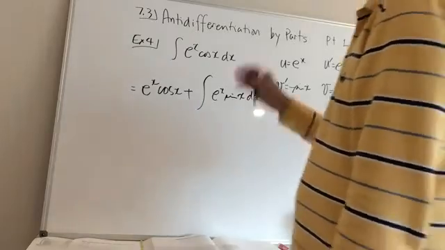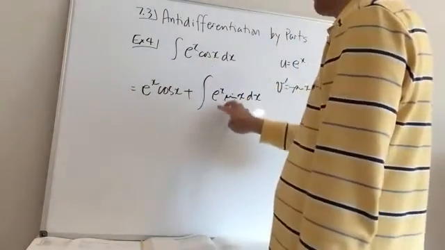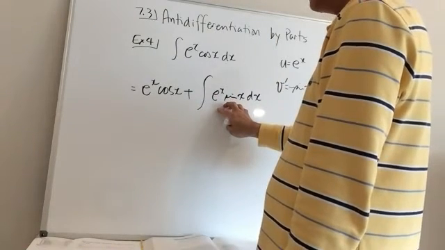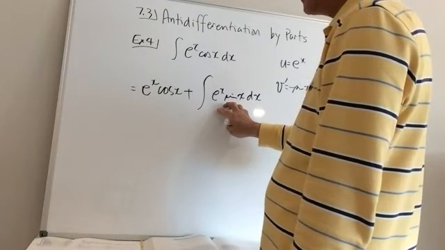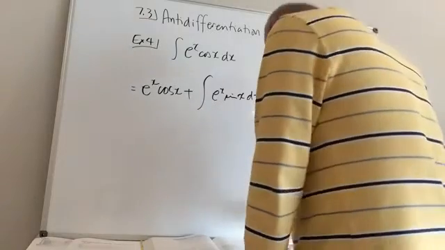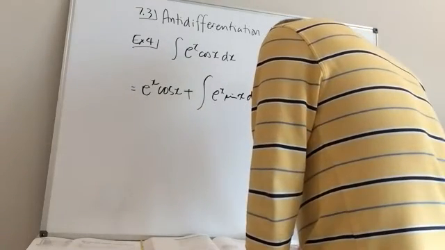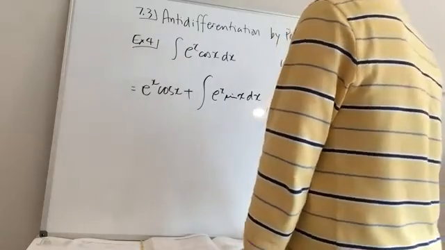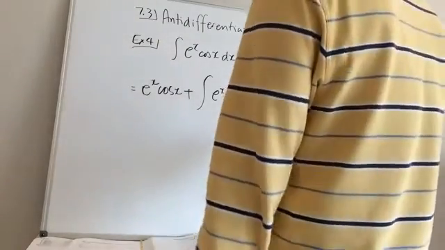Okay, so this is kind of confusing. I went from e to the x cosine x to e to the x sine x. Is this an improvement? Does this look better or not? It looks the same, right? It looks like we didn't make any really, wait a minute.